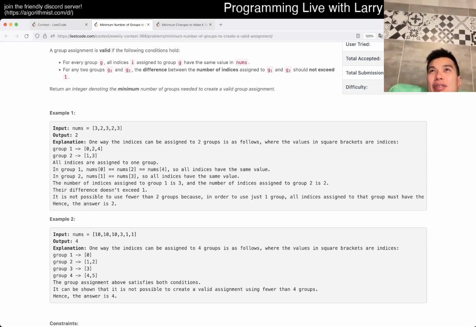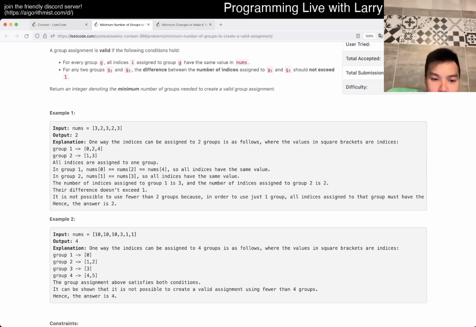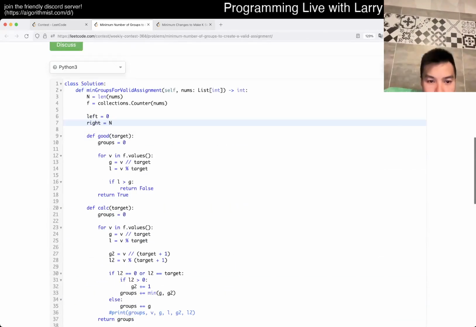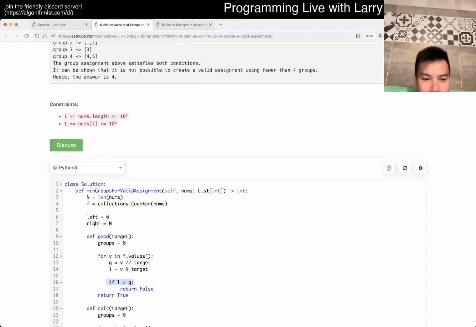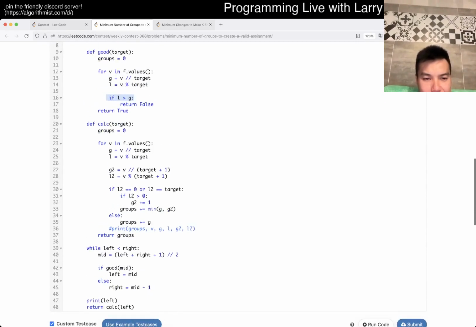But then if it's large enough again, what is too large, not possible? What is this one? But then we have to try every big number, and that's just, like I said, n squared.